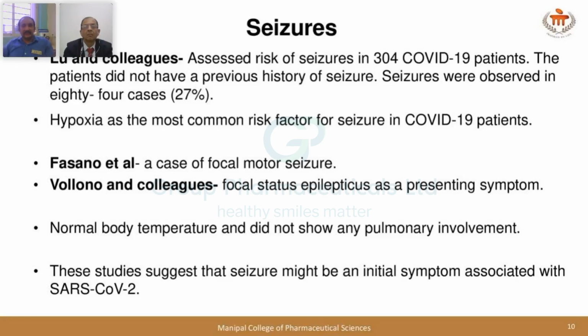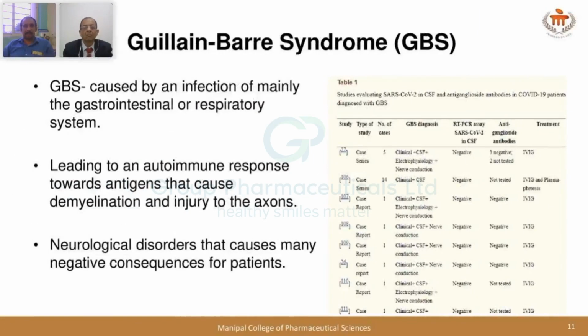So these studies suggest that seizure might be an initial symptom associated with the SARS-CoV-2. So seizure is one of the important neurological disorders connected with COVID-19 as a manifestation.